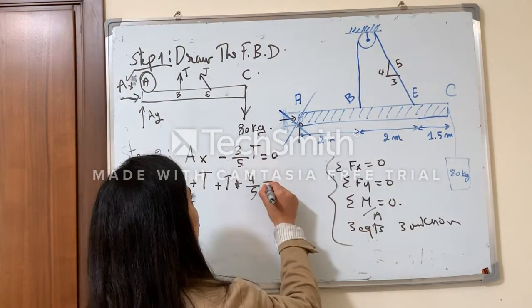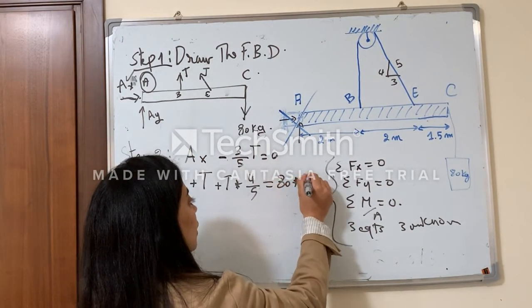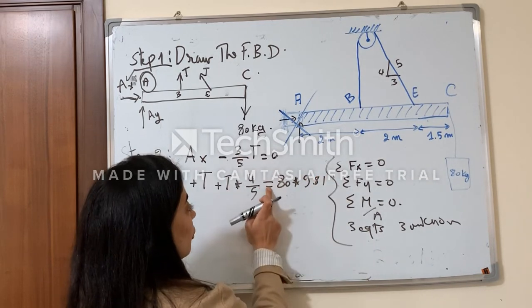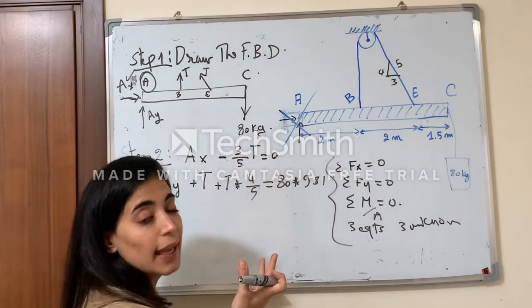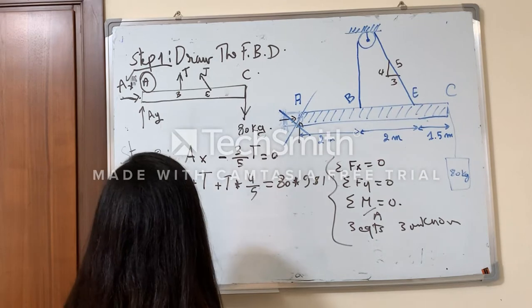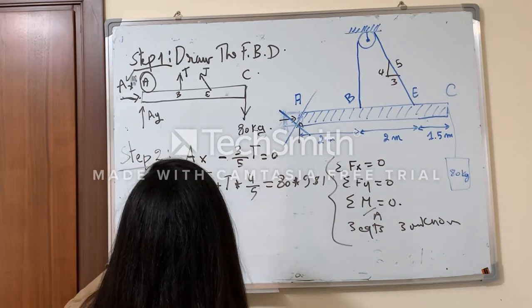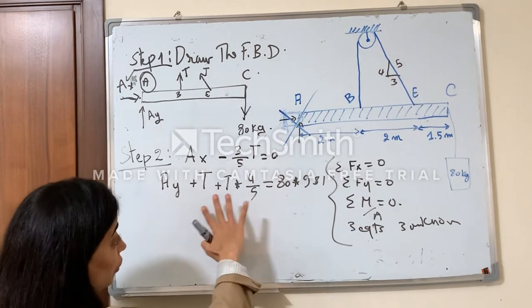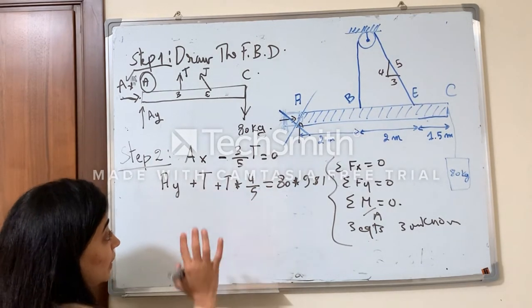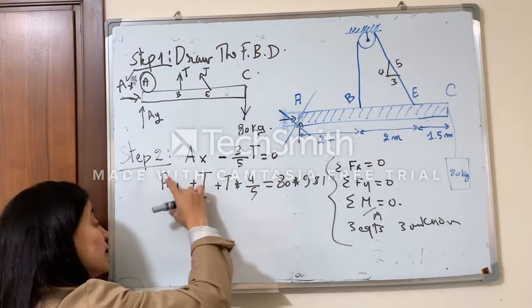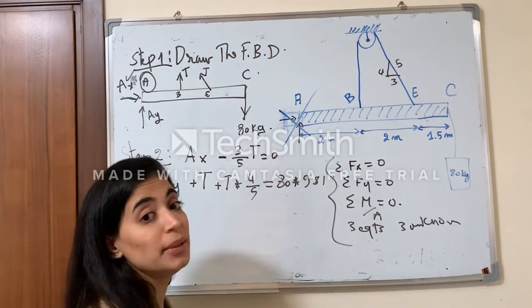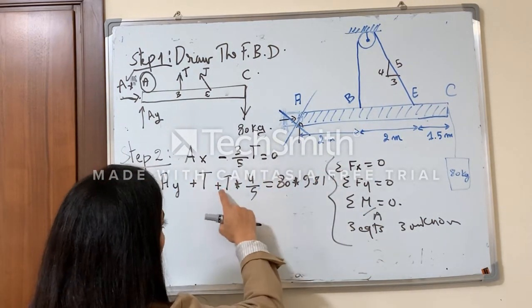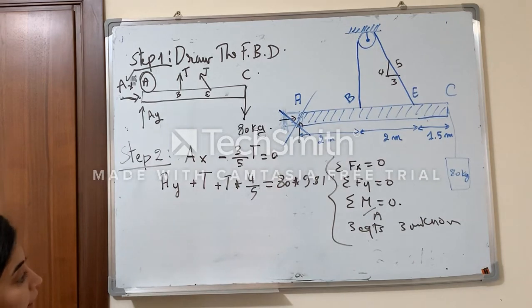So I will convert it to Newton, so 80 times 9.81, I put it after the equal sign because it is basically negative before this equal sign. So this is the equation of Ay. Basically Ay, guys, could be negative or positive. So I'm not sure until finding T.